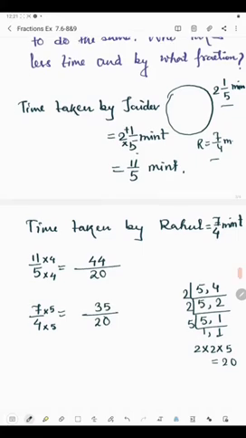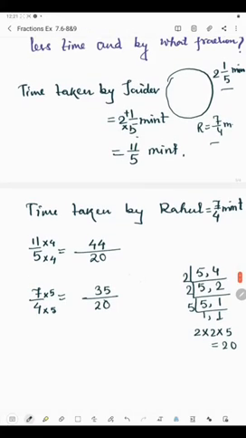Now we have observed that since 35 is less than 44, when the denominator is same, we can compare the numerators, right? And easily we can say which fraction is smaller or which fraction is larger. So here we can say that 35 is smaller than 44. So 35/20 means 7/4, which means Rahul takes less time.